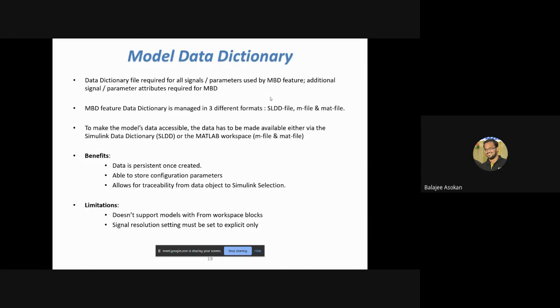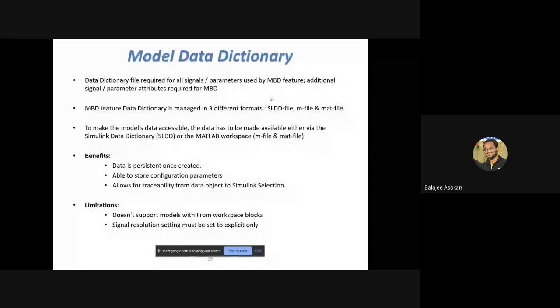Usually, most of us would know something like, I have an M script, I will run that M script that will load my values into my workspace, and then I can call those values into my model and do the simulation. This is the common practice that is adopted.